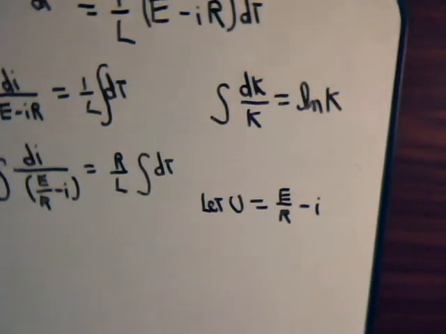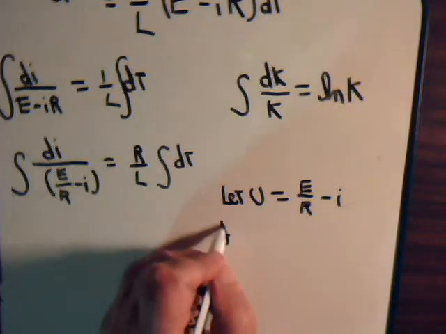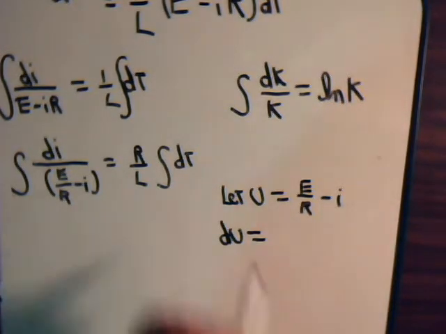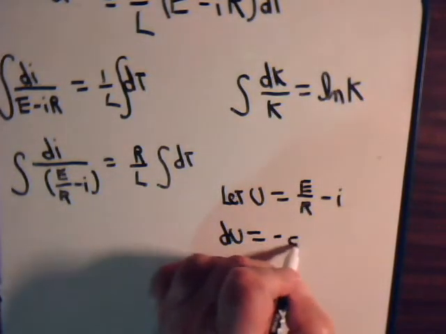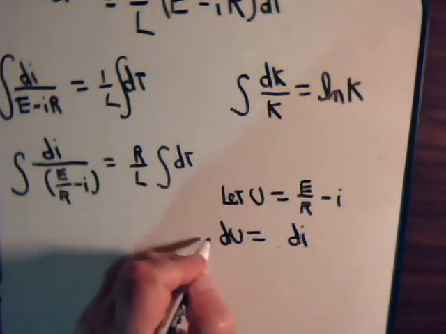So we have du. That's a constant, don't worry about that. So du equals minus di. Well, let's take the minus sign over to this side.